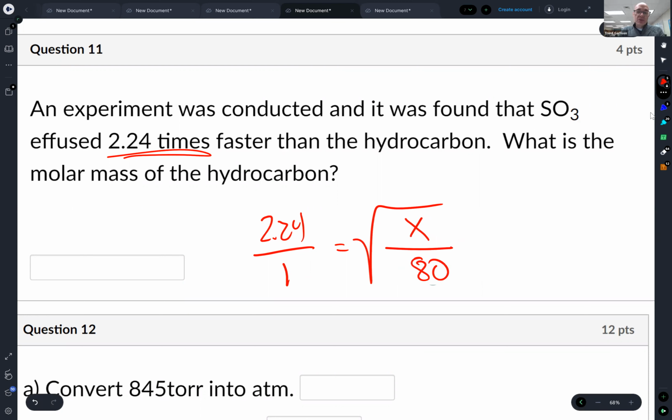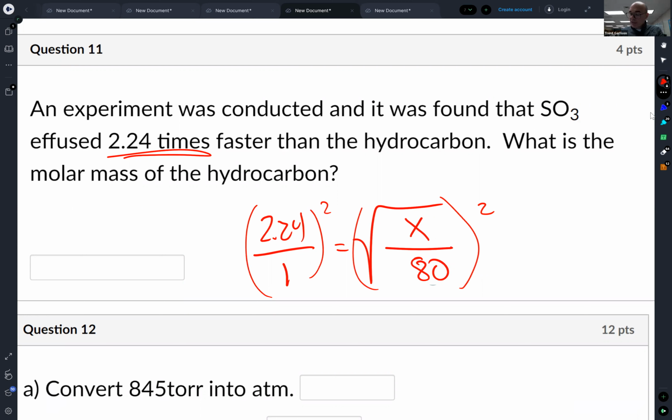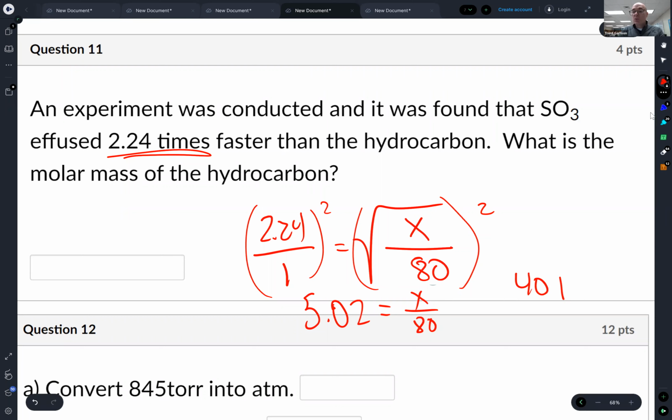Now, we don't want the square root of this, so I'm going to square both sides so that we get rid of that. So 2.24 squared means multiplied by itself gives me 5.02 equal to x over 80. Multiply that value times 80, cross multiply in other words, and you end up with 401.5 grams per mole is your answer for number 11.